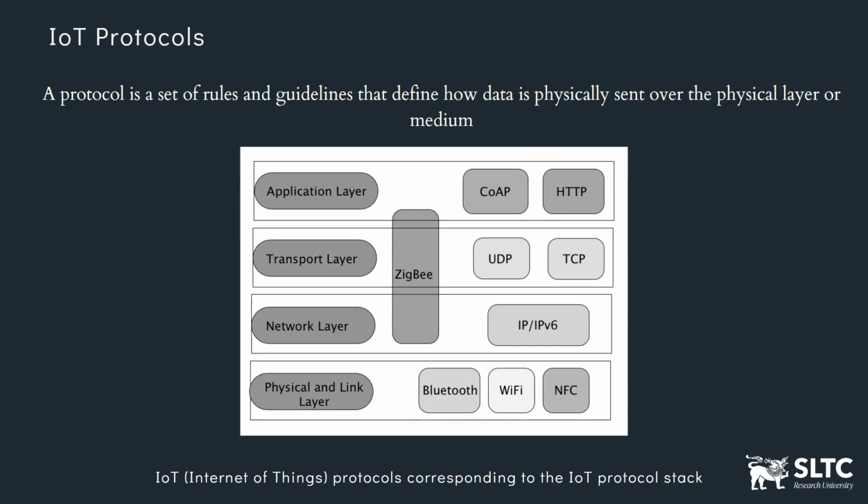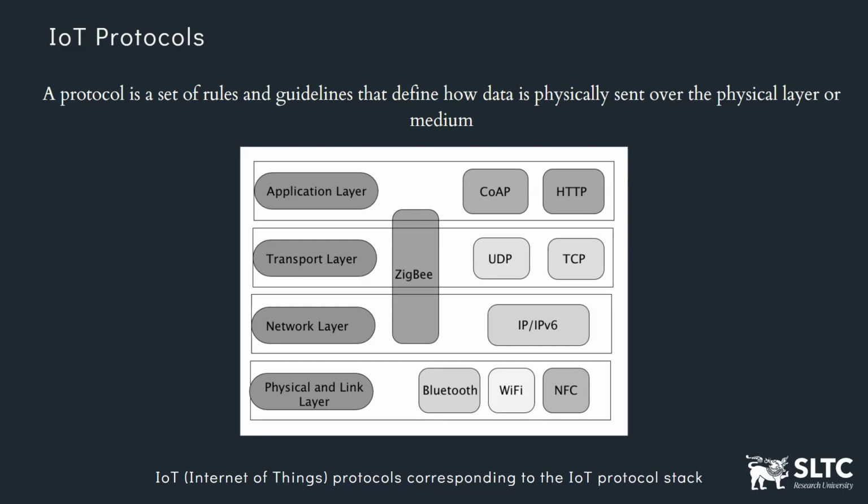So once we take the IoT protocols in the IoT protocol stack, we can divide them basically into four categories, corresponding to each layer, which are application layer, transport layer, network layer, physical and link layer.